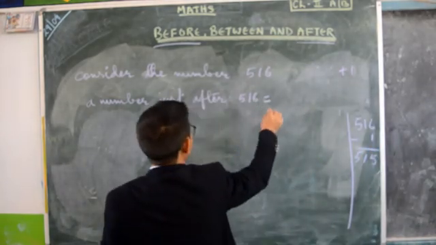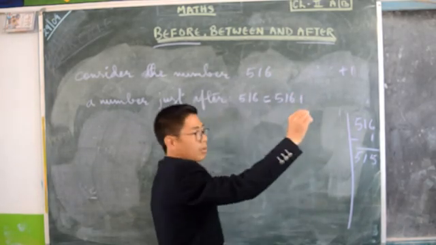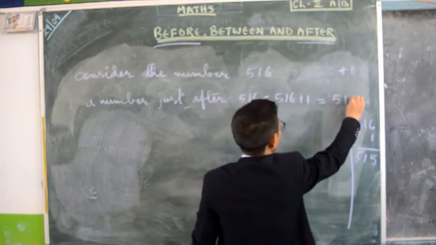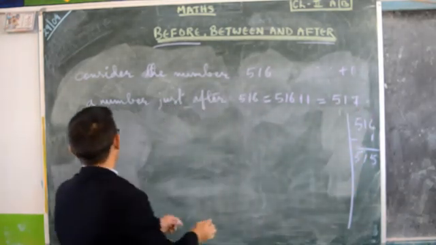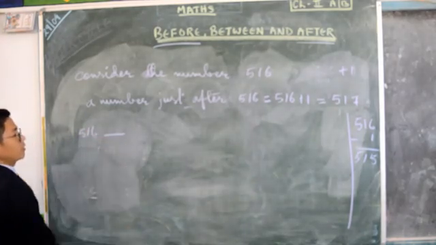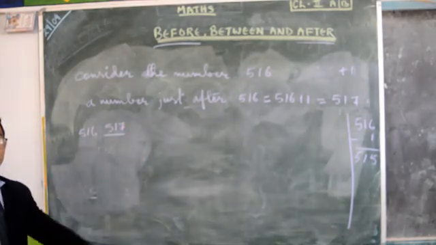So what we do here is 516 plus 1. How much will it be? 517. So the number just after 516 is 517. Okay?